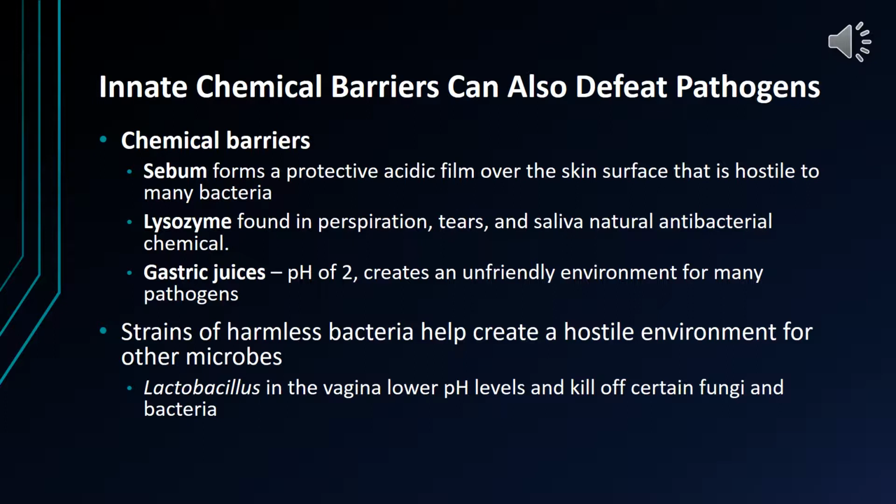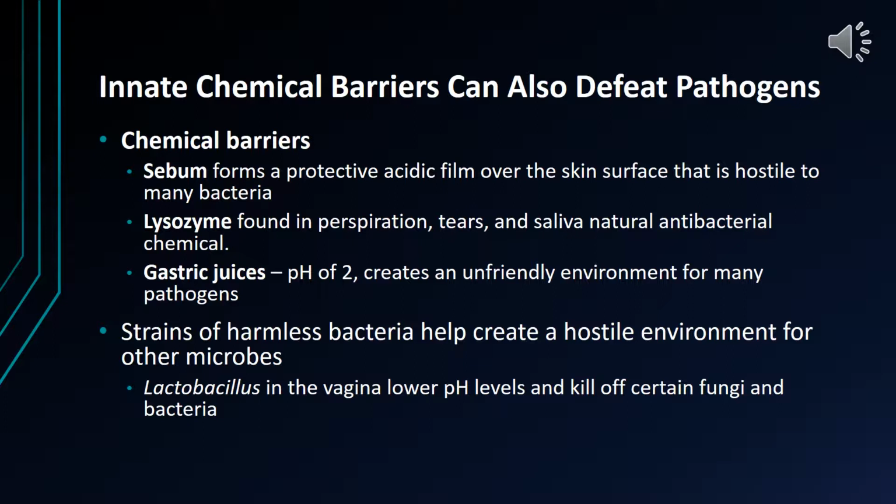And then we have the gastric juices within the stomach, which have a pH of 2, which is a very unfriendly environment for many pathogens because they can't survive at such a low pH. And in addition to these chemicals, our body also contains strains of harmless bacteria which create a hostile environment for invading microbes.